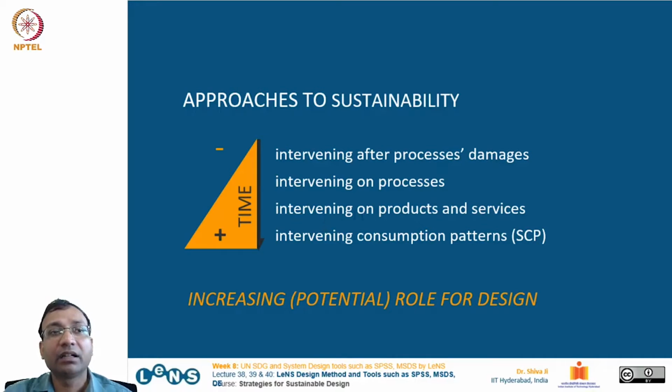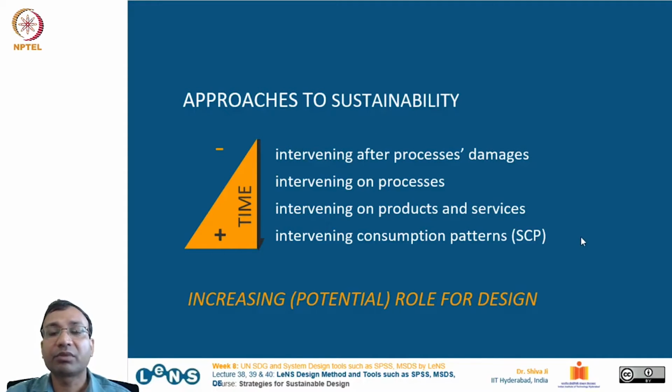Second, intervening on products and services. That's the stage where we are designing, fabricating, or manufacturing our product or rendering our services. At that time also we can use certain strategies to minimize the impact. Further, intervening on the processes. Once the product or system is in place and under operation, even at that stage we can minimize consumption and energy use. Finally, intervening after product damage.